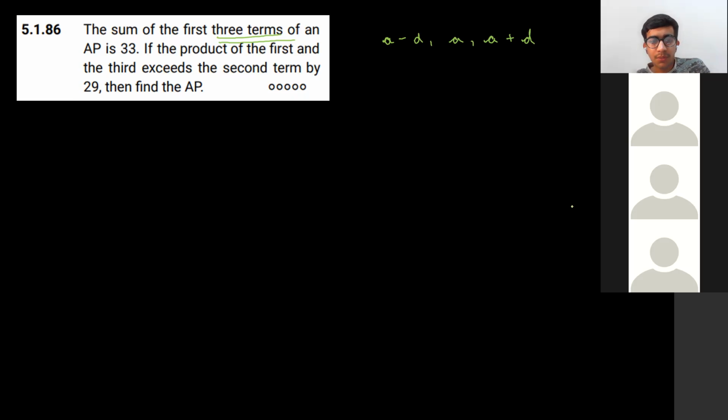The ones who are confused can raise their hands so that I get to know who is not able to solve. A is equal to 2 or 20.